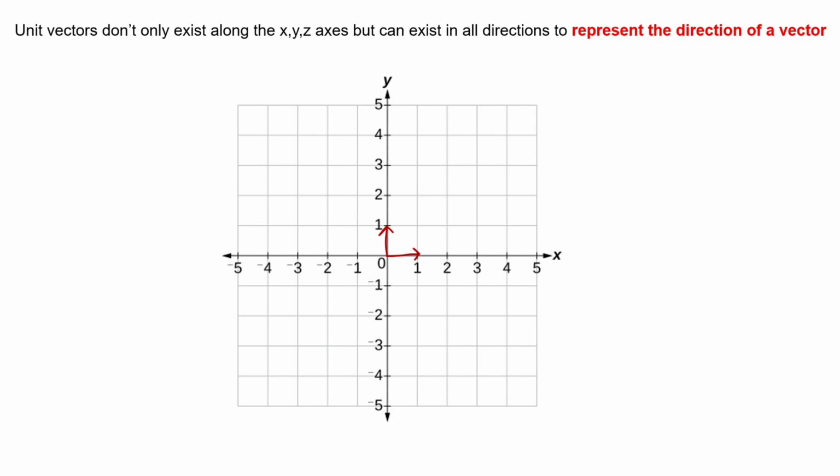But you can write this at any point on the Cartesian plane.